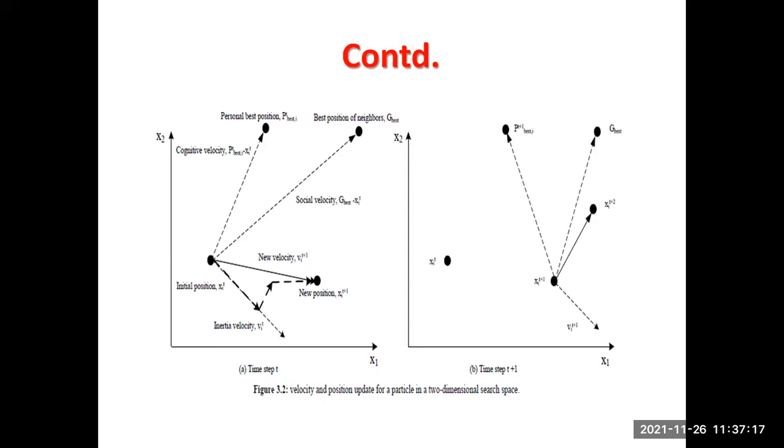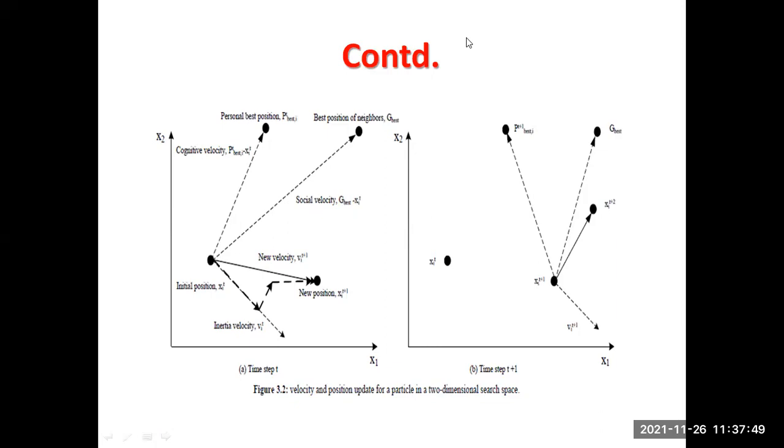We know how to calculate it: Vij t plus 1 is Vij t plus C1 into random 1 into P best minus Xij t, and then plus C2 into a random number into G best minus Xij. So these are basically the three components we have. We know that particular equation.